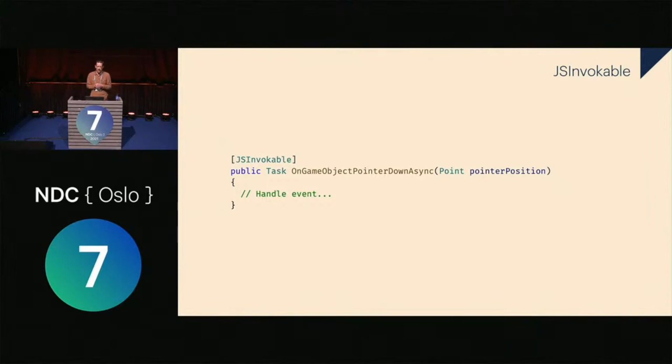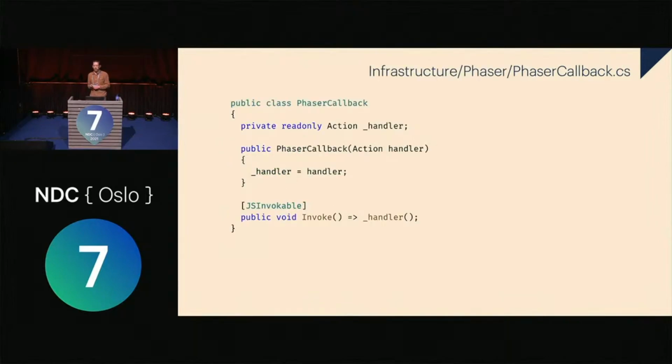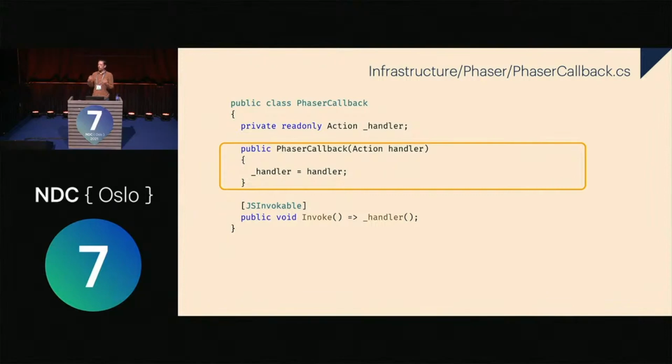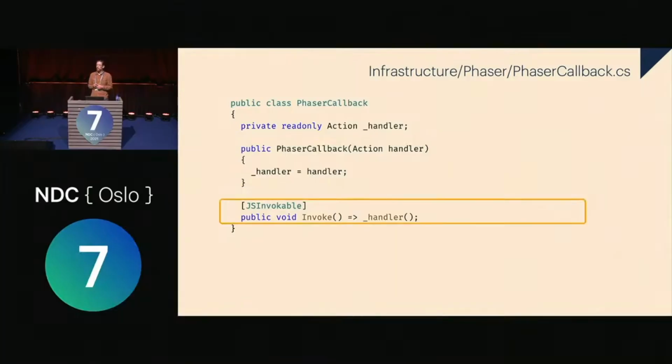Now, I've got a lot of these events I want to handle, and I don't particularly like having these public decorated methods at various places in my code. So what I did was I added an additional helper class called my Blazor callback class. And what this does is it takes an ordinary .NET delegate, an action in this case, and it makes that delegate invocable from JavaScript by adding this public method, decorating it with a JSInvocable.